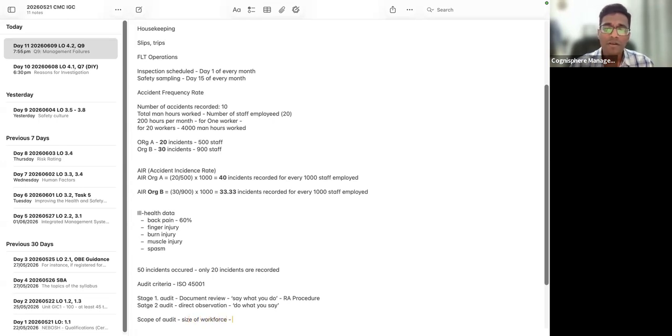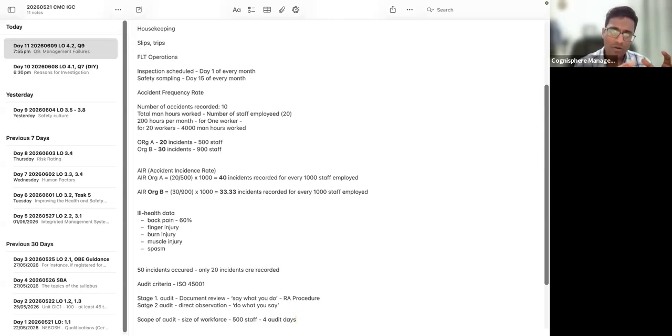If I'm going to do an audit for a company that employs 500 staff, with many different departments and many different processes, approximately, let's say, it would require 4 audit days to complete a full audit. The scope could be a full comprehensive audit about health and safety.